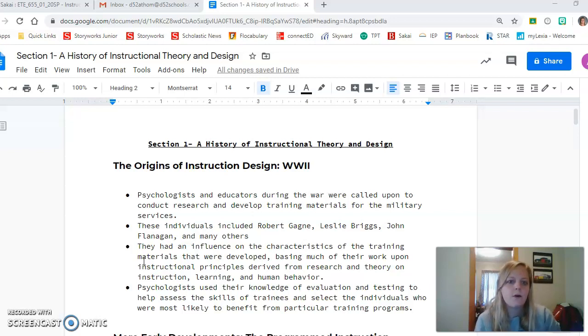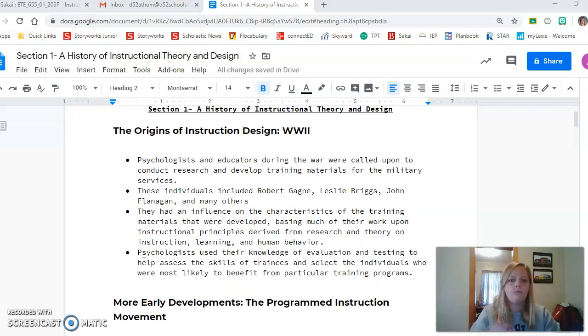During that time, psychologists and educators were called upon to conduct research and develop training materials for the military. These individuals included Gagne, Briggs, Flanagan, and many others. They had a really big influence on the characteristics of the training materials that were developed.